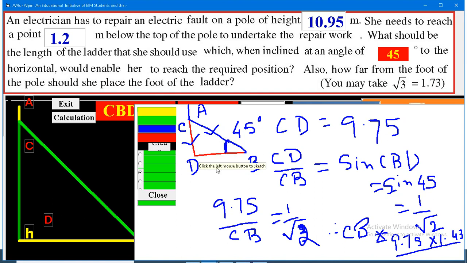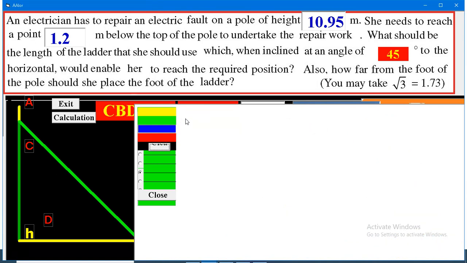Now I have to find the DB. Correct? This is A. This is C. This is B, D. This angle is 45.